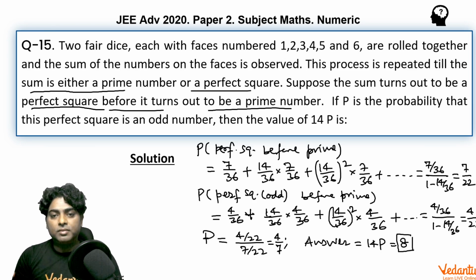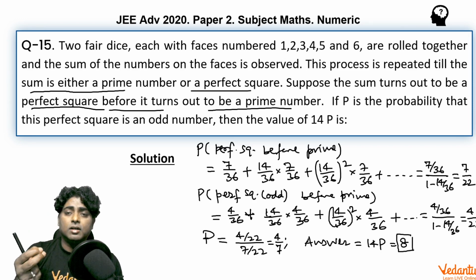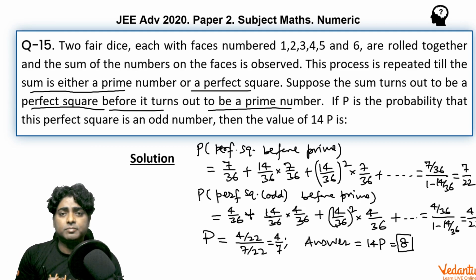It is sure, like the given. We have to stick to the given event now. So how many total possibilities are there for the process to end? There are 7 possibilities. It can end with getting 4 as sum or getting 9 as sum.